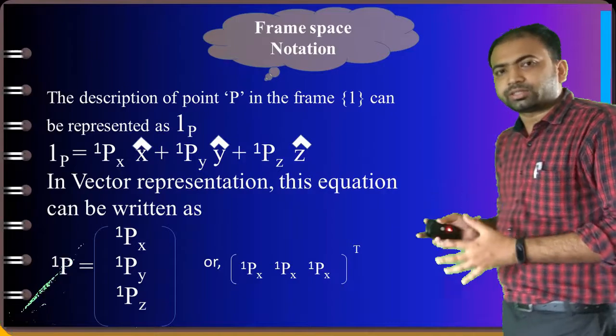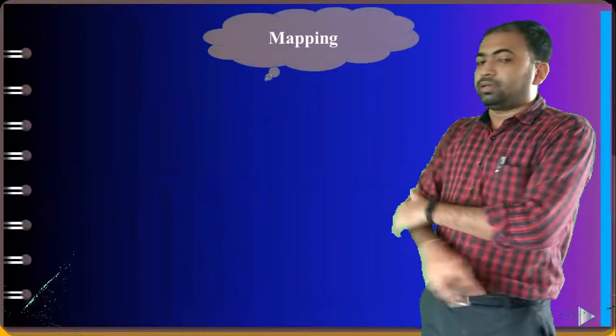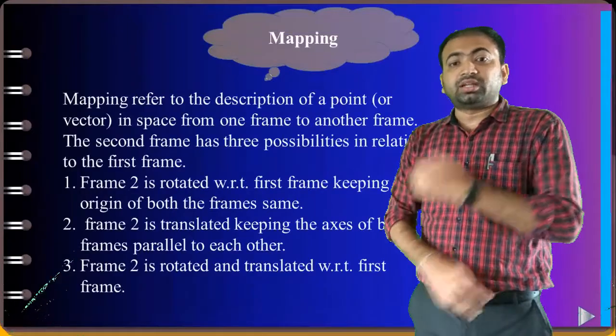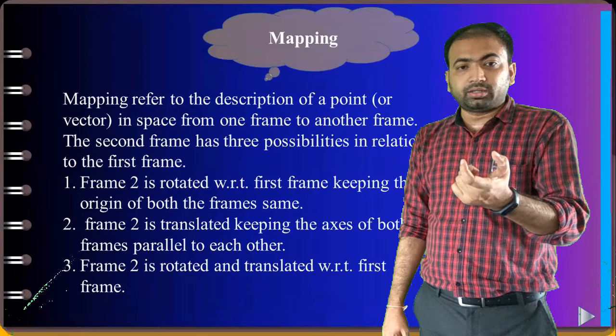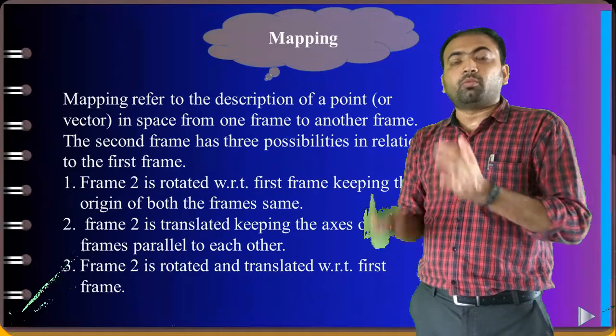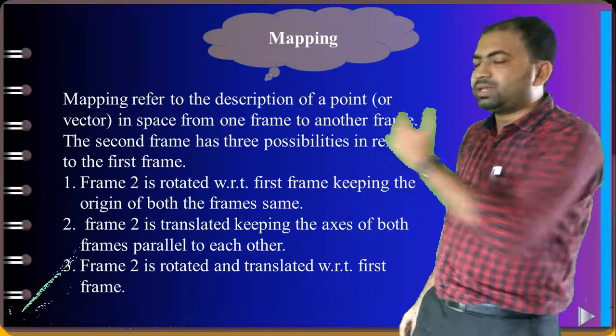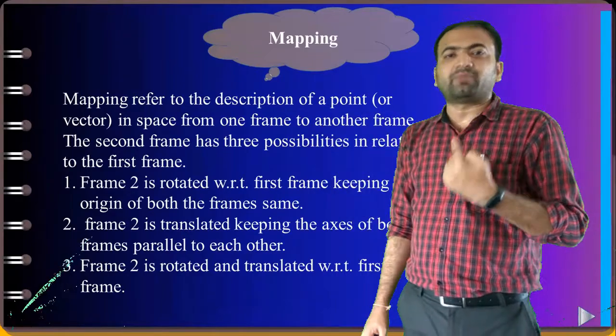Fine. Now next, we will see what is called mapping. Mapping refers to the description of a point or a vector in space from one frame to another frame. Say for example, in the previous case we had only one frame.